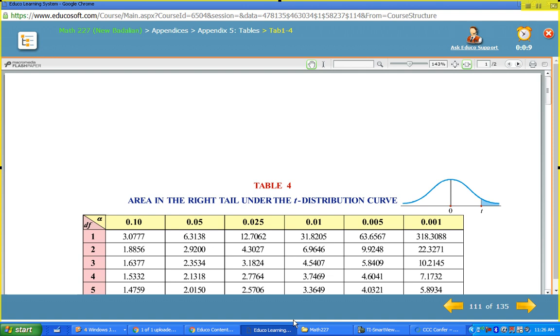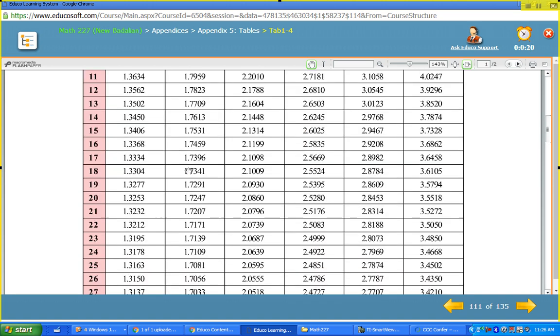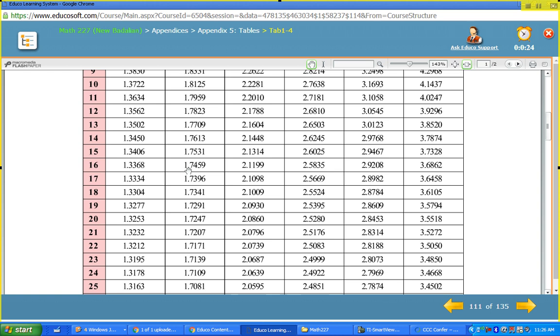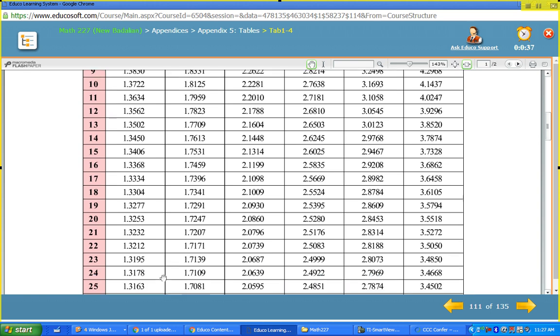And so 10%, and it is 24. And so 1.31, so 24. 1.3178.